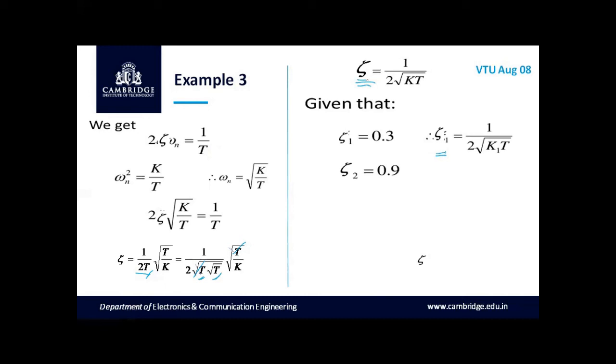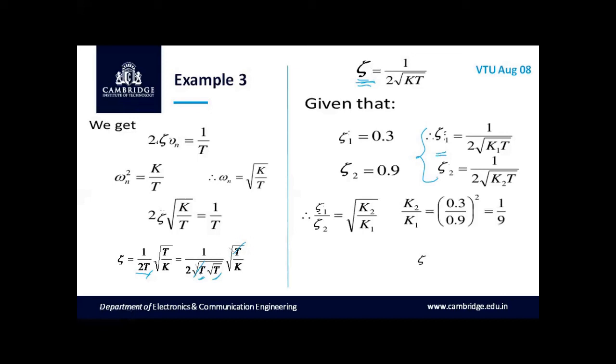Hence, from the above expression, zeta 2 will be equal to 1 by 2 into square root of K2T. So now let us take the ratio of zeta 1 divided by zeta 2. Once after simplification, we can obtain square root of K2 by K1. So squaring on both sides, K2 by K1 will be equal to zeta 1 divided by zeta 2 the whole square.